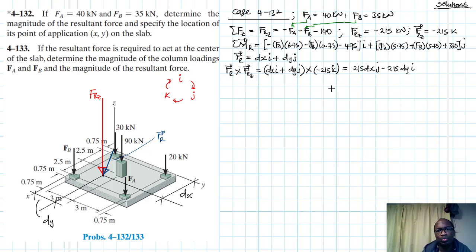Okay, great. And then replacing FA in the resultant there, let's work it out. The summation of the resultants, once we replace FA, we know the value, and FB there, we do the same, so that we find the final solution.